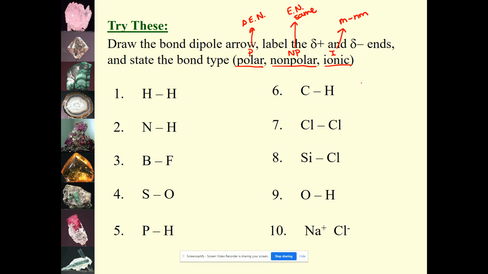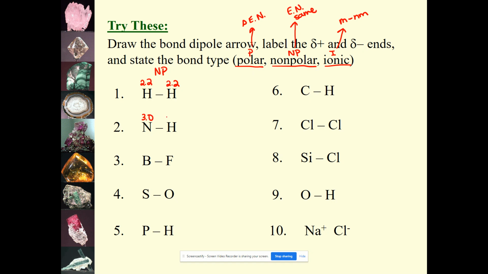Okay, so pause this video, try drawing the dipole arrows, labeling the positive and negative ends, and stating the bond type. For example, here, I would write my electronegativities. There's no arrow because they're sharing them equally, so I just write nonpolar on top.